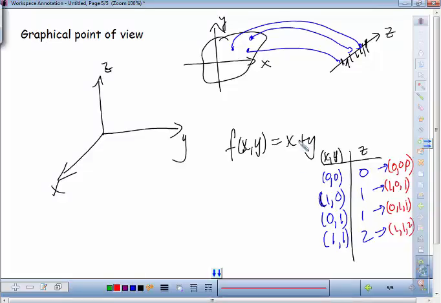So if I were to plot these points, I would get 0, 0, 0. I would get 1, 0, 1. I would get 0, 1, 1. And I would get 1, 1, 2.